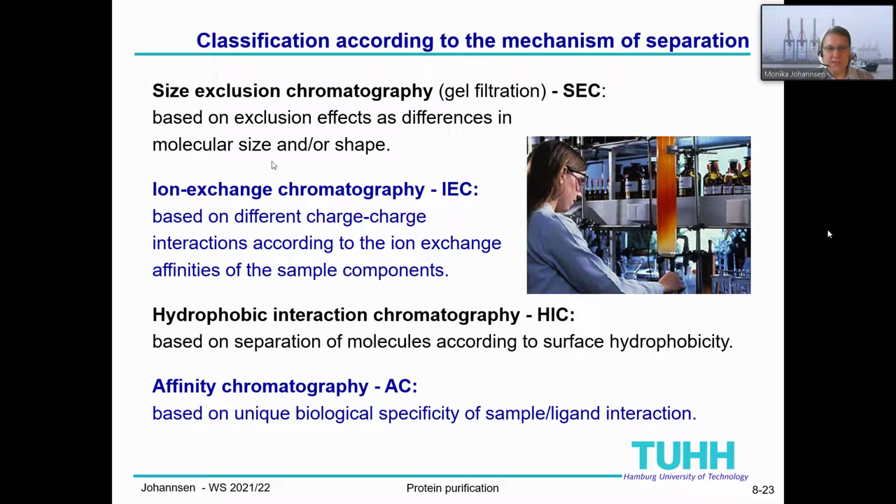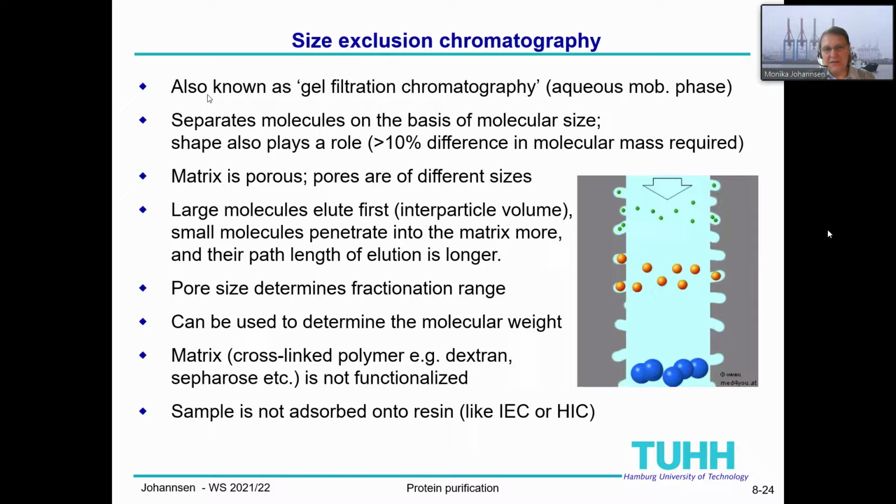So let's start with size exclusion chromatography. Size exclusion chromatography is also known as gel filtration chromatography. The difference is that filtration chromatography uses only an aqueous mobile phase, while size exclusion chromatography is a more general expression, where organic solvents can also be used as mobile phases.